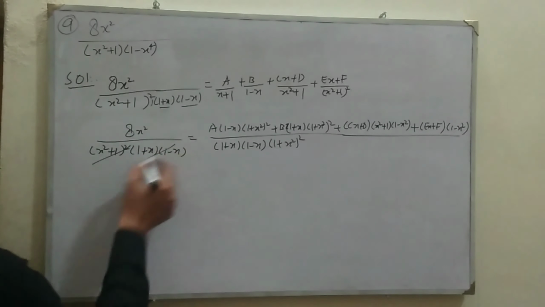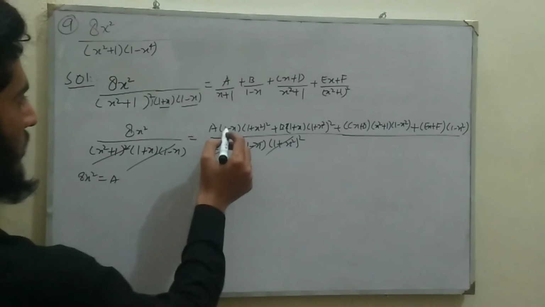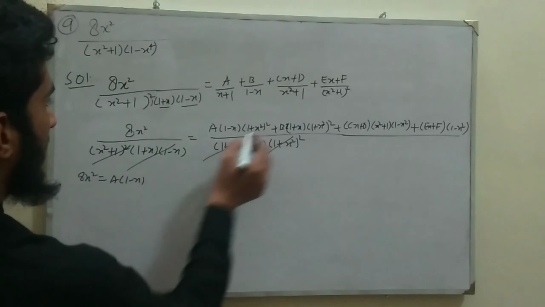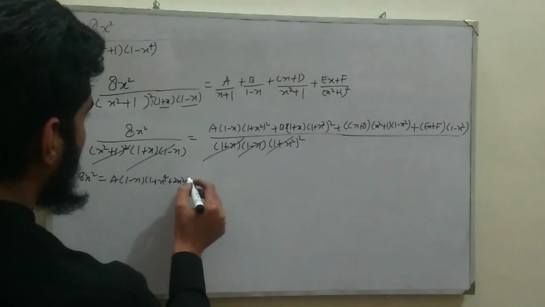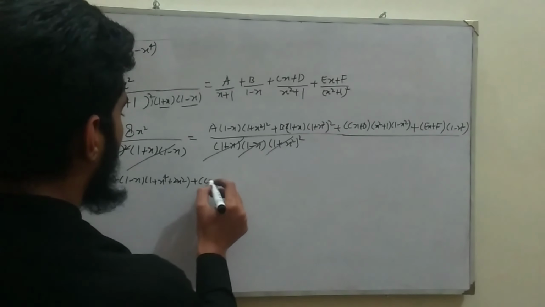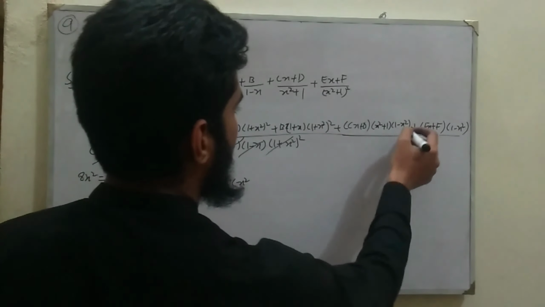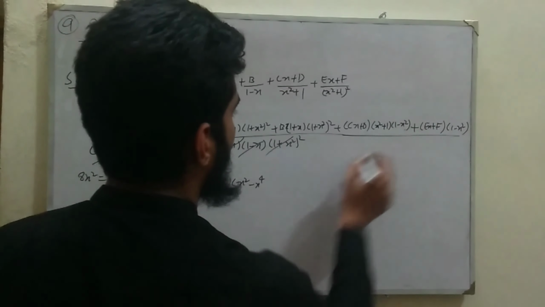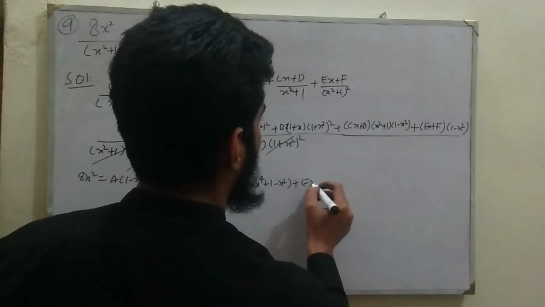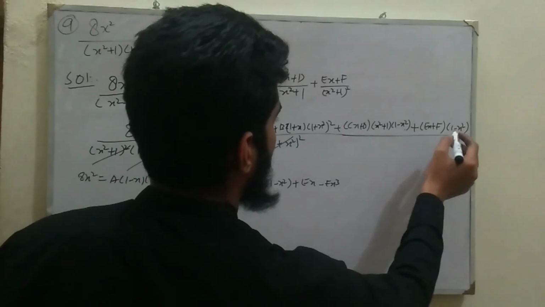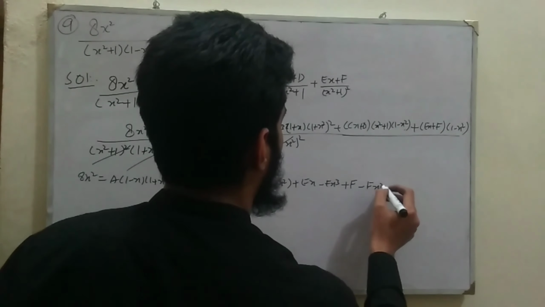Now cancelling the denominator with each other, so x square is equal to a multiply 1 minus x, so 1 plus x raised to power 4 and plus 2x square, and plus cx plus d multiply x square with 1 gives us x square, multiply x square with minus x power 4, and 1 with 1 gives us 1 minus x square, plus ex multiply with 1 gives us ex, minus ex cube, f with 1 gives us plus f, and f with x square becomes minus fx square.